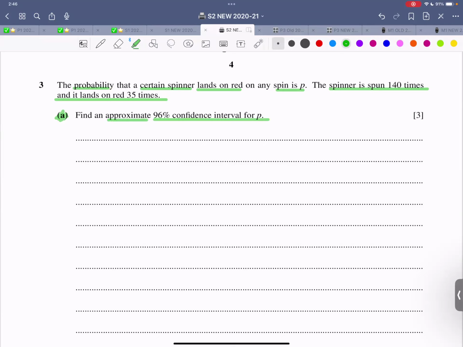So now what is a confidence interval? This is a confidence interval for population proportion. First of all, let me deal with 96%. So 96% is in the middle. This is 96% right over here.